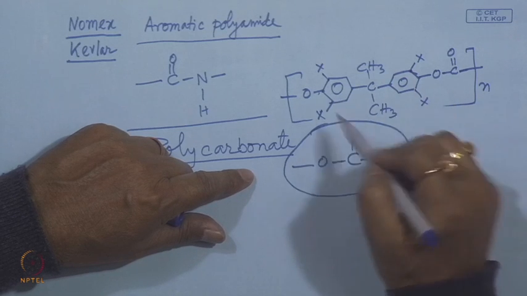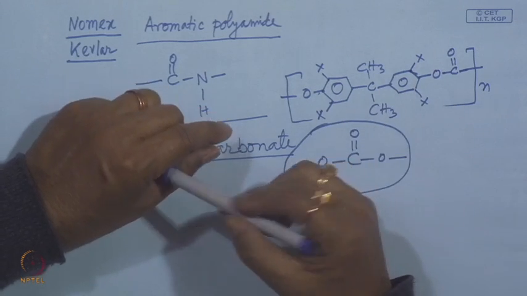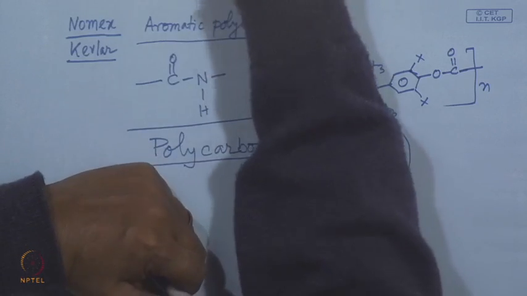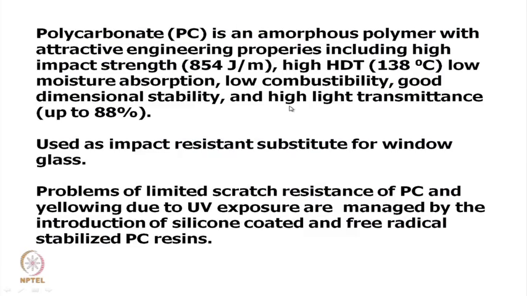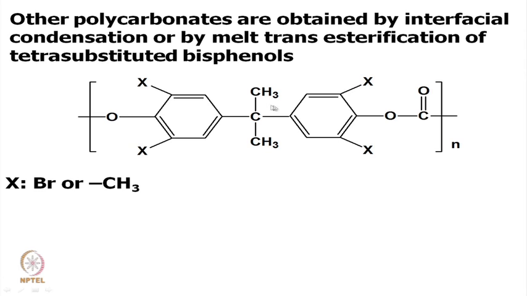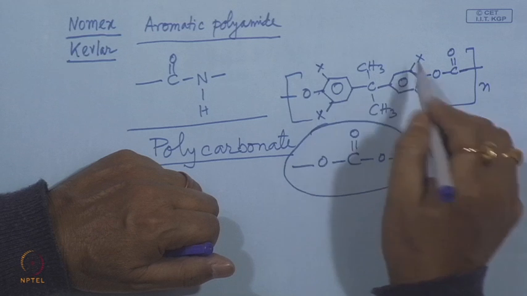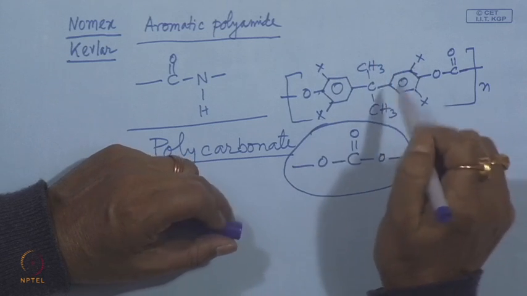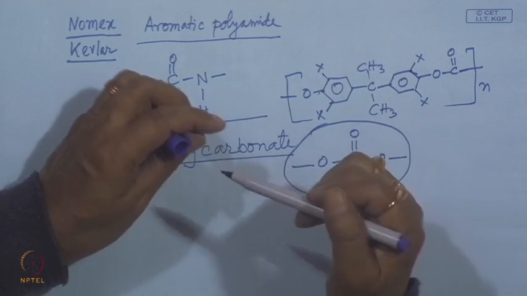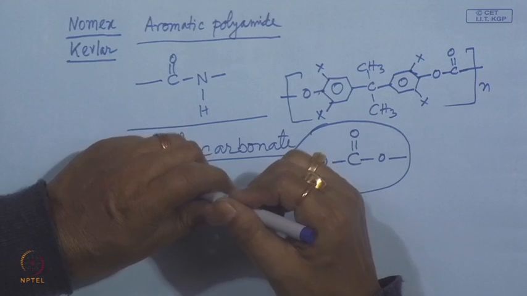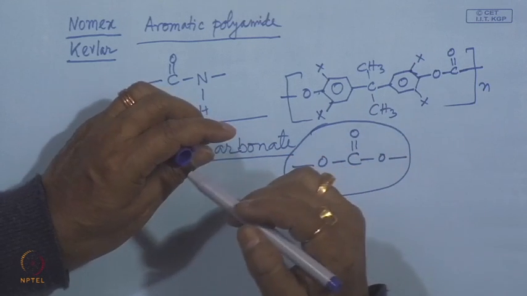So, such bisphenol A can be polymerized by interfacial polycondensation reaction, and these 1, 2, 3, 4 tetra substituted bisphenols and bisphenol polycarbonate can undergo trans-esterification reaction.